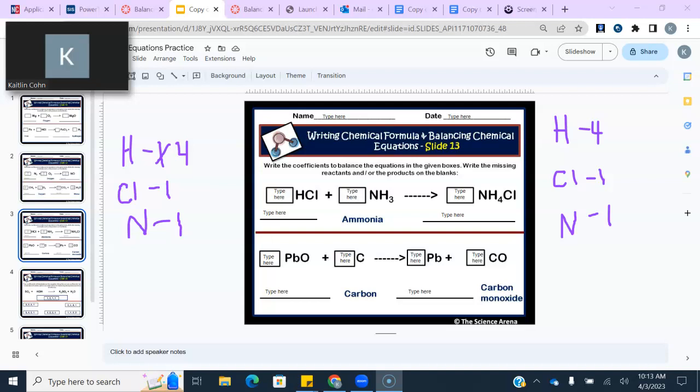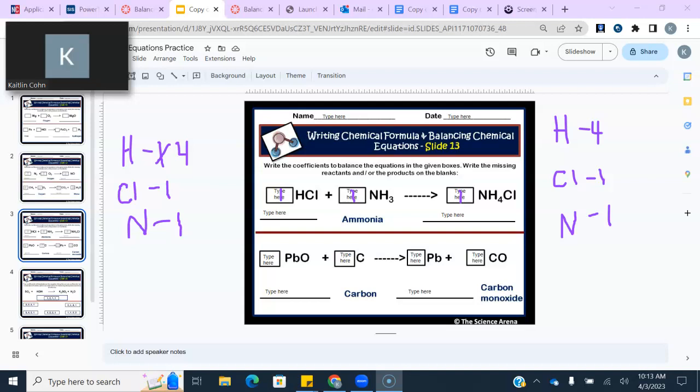Now let's see, is this balanced? 4 hydrogen, 1 chlorine, 1 chlorine, 1 nitrogen, 1 nitrogen. Well, look at that. Our equation is already balanced for this one, so we don't even have to write anything at all. You could leave this blank, or again, like we did in our last one, you could do 1, 1, and 1, okay?